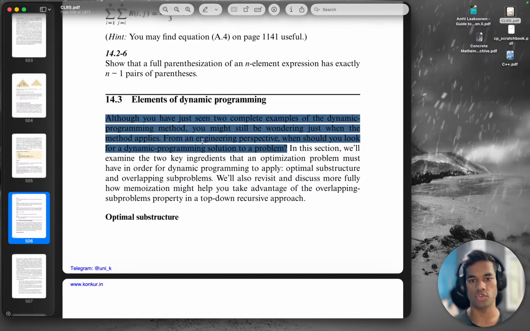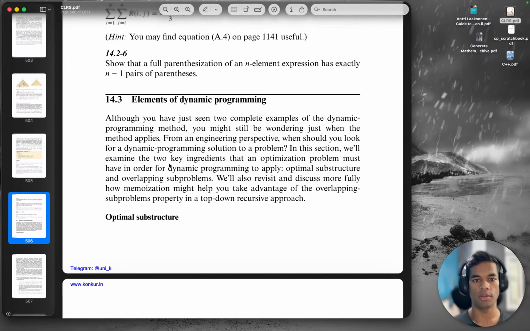That is a nice question. In this section, we will examine the two key ingredients that an optimization problem must have in order for dynamic programming to apply. Those two things are optimal substructure and overlapping subproblems. Okay, these two things must be there in an optimization problem.